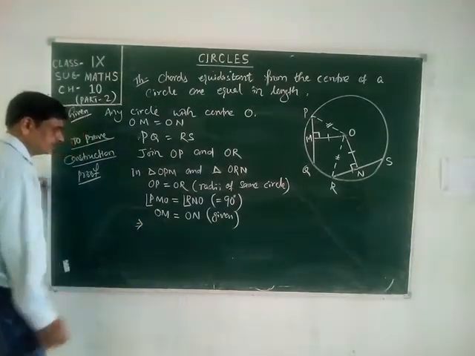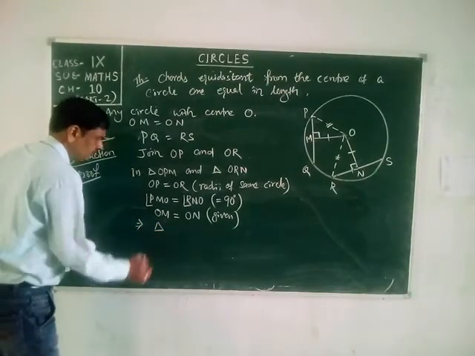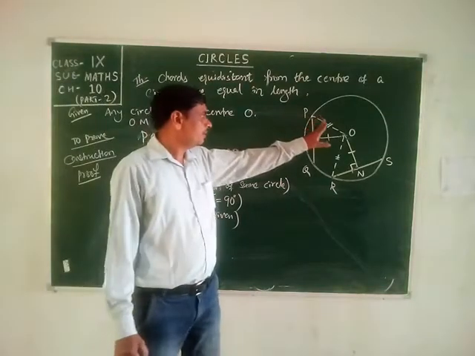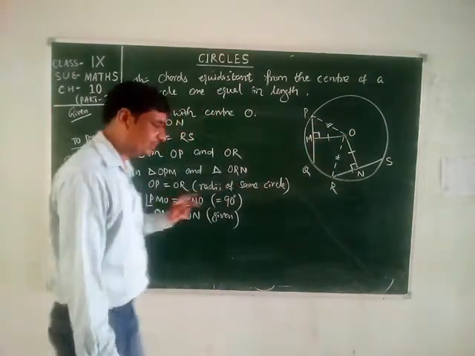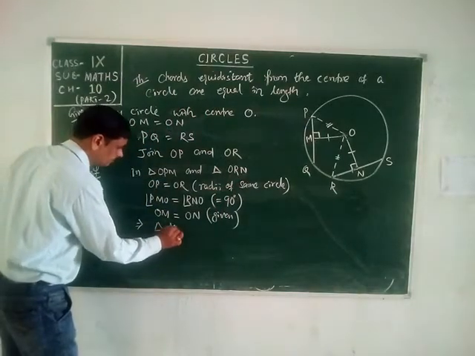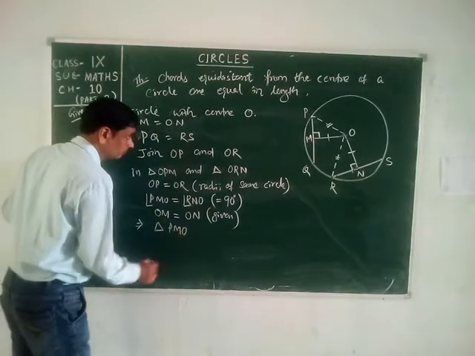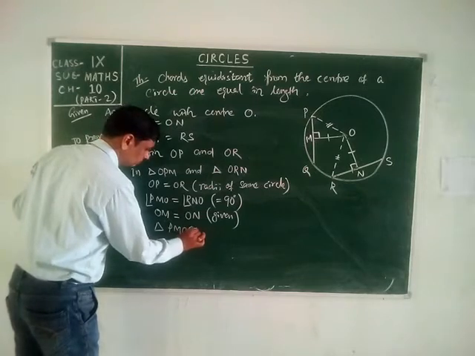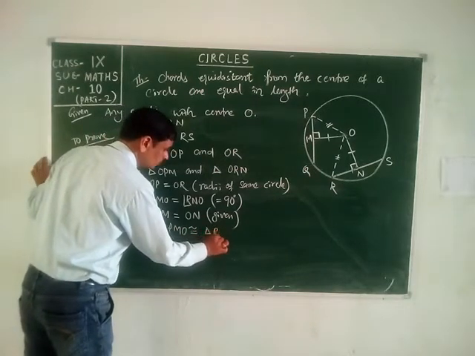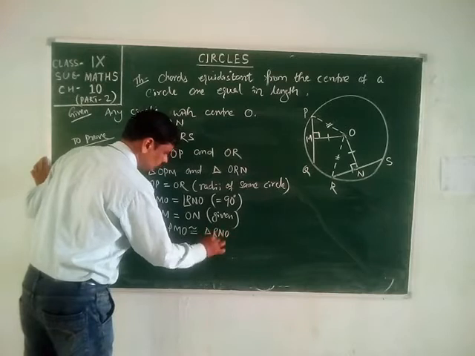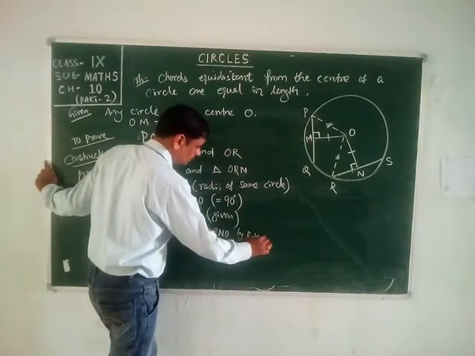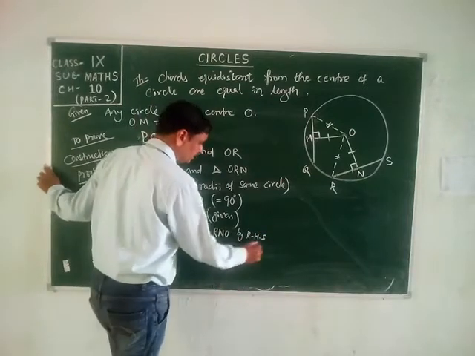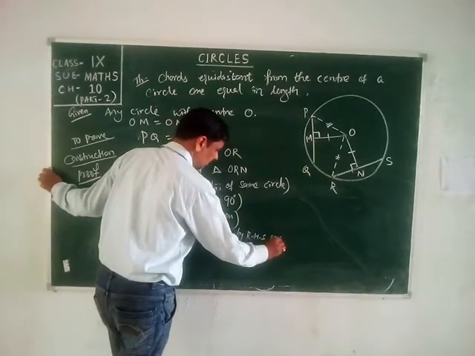This implies triangle PMO and triangle RNO are congruent by RHS congruency.